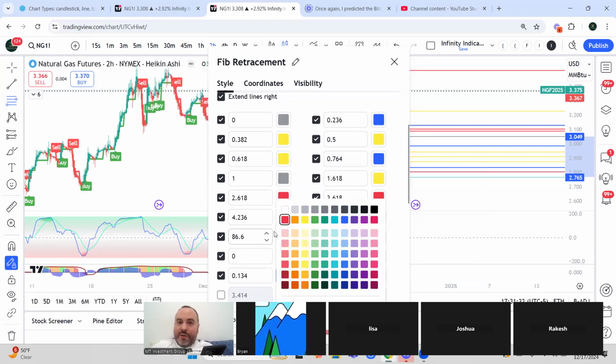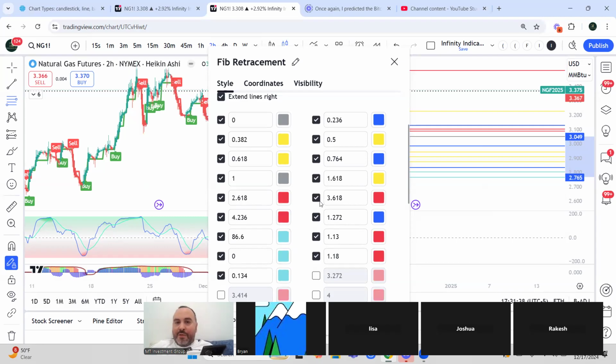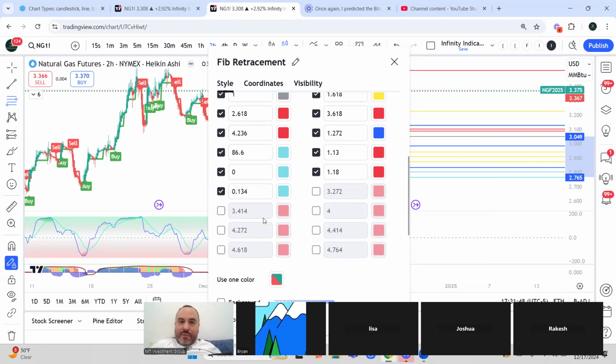And then the one under it, the 13.4, same blue. Wait, where's my 113?